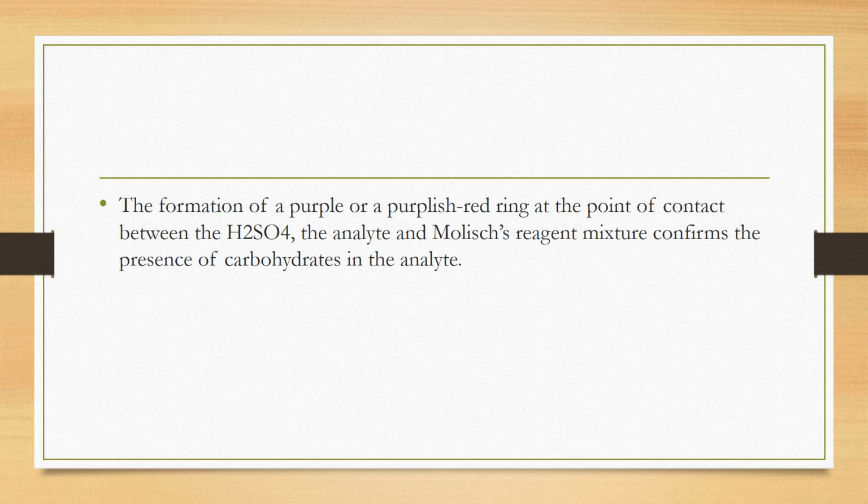So the positive result for the Molisch test is the formation of a purple or purplish red ring at the junction, or the point of contact between the layers of sulfuric acid, analyte, which is the test sample, and the Molisch reagent.